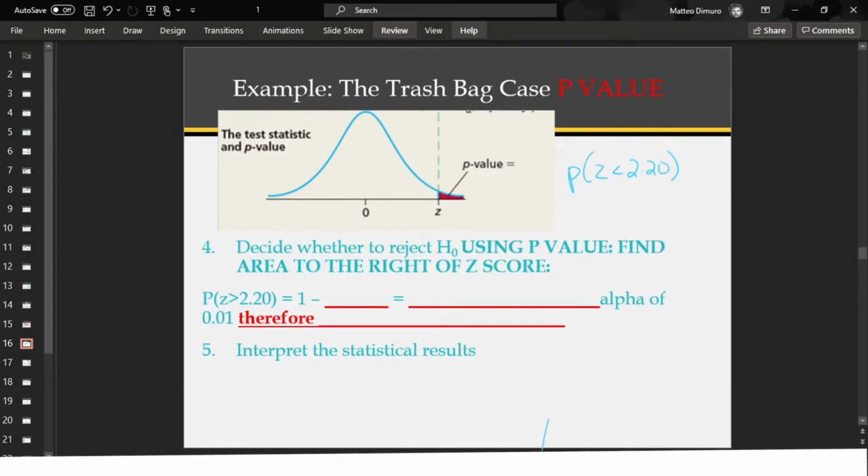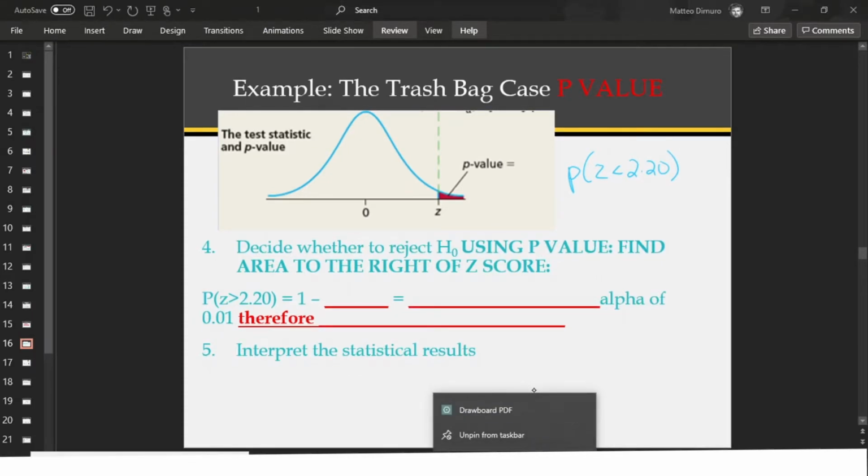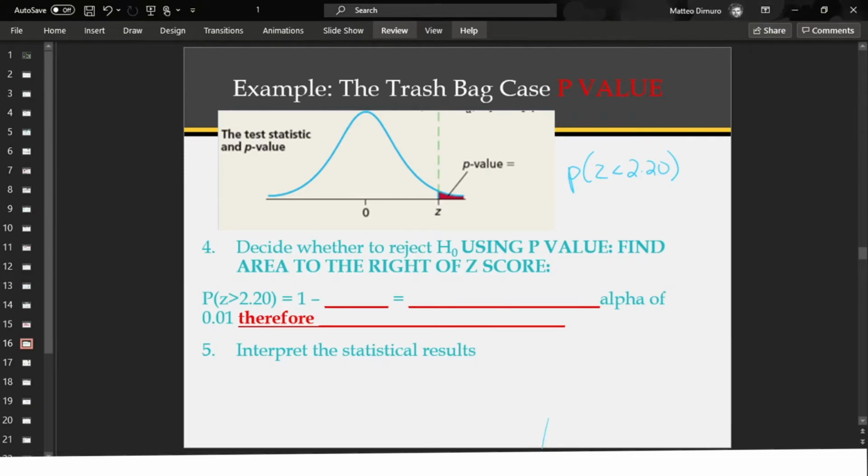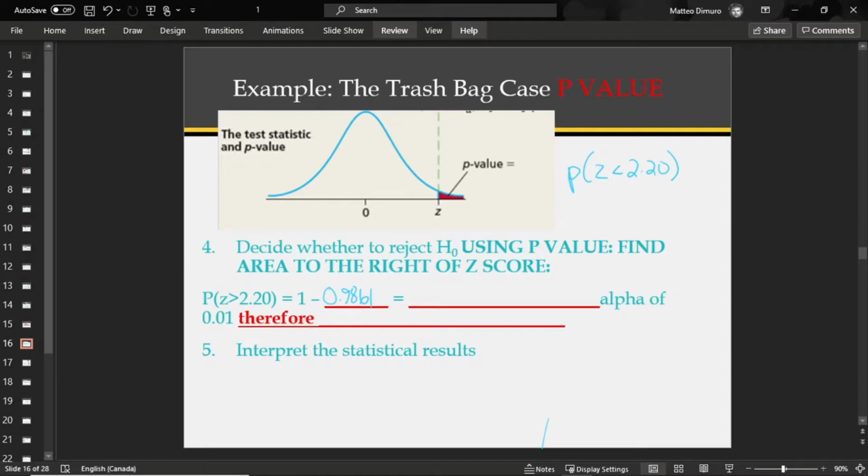So let's go to our table here and look up 2.20, so 0.9861. And we can write 0.9861. Now we'll go 1 minus that value, and you're going to get 0.0139.